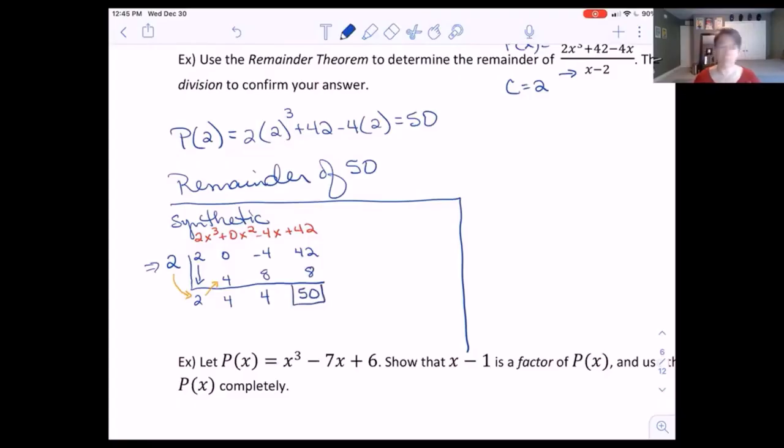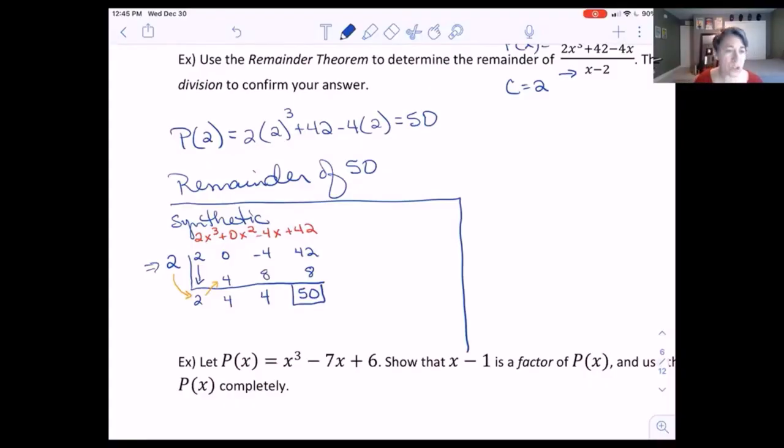For those of you who haven't been that familiar with synthetic, those other numbers, the 2, the 4, and the 4, are the coefficients of the polynomial that's remaining after we divide.